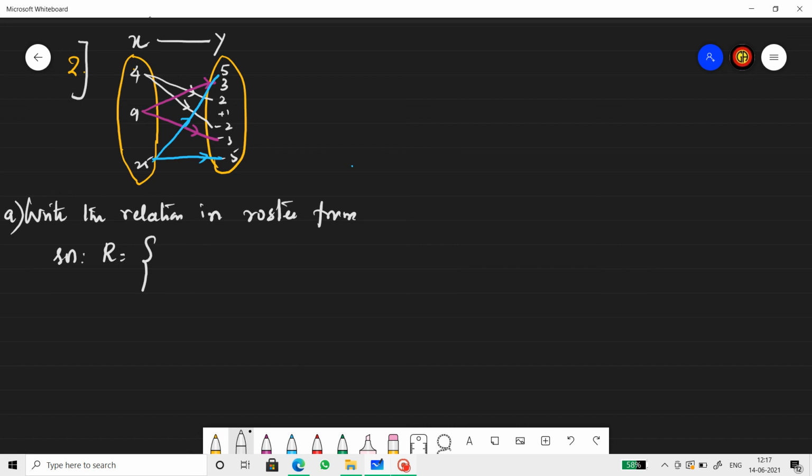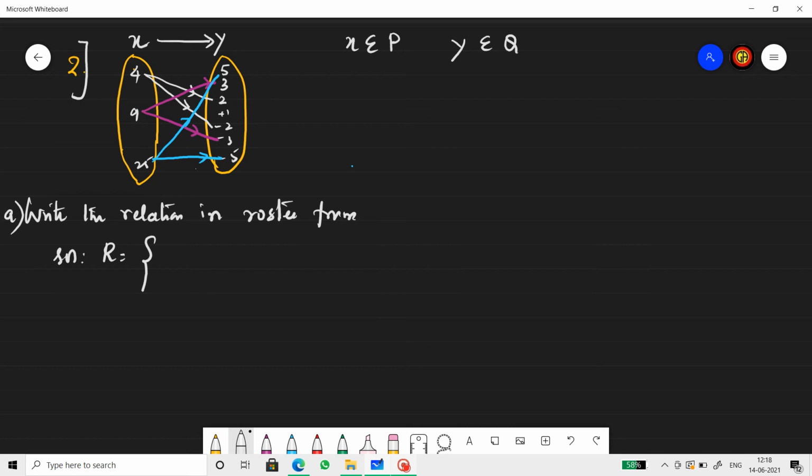X is related to y, where x belongs to P and y belongs to Q. Now, as per the diagram given, when x is 4, y is 2 or minus 2. When x is 9, y is 3 or minus 3. When x is 25, y is 5 and minus 5.